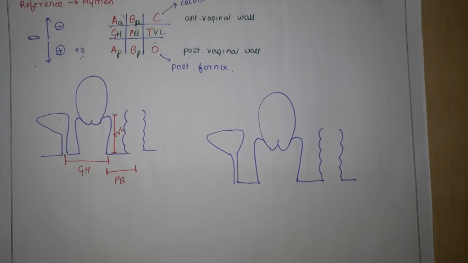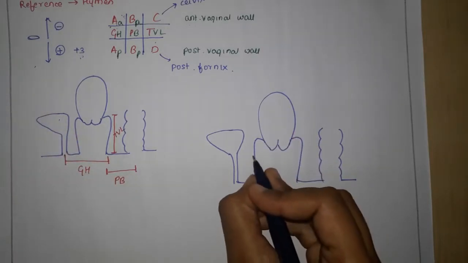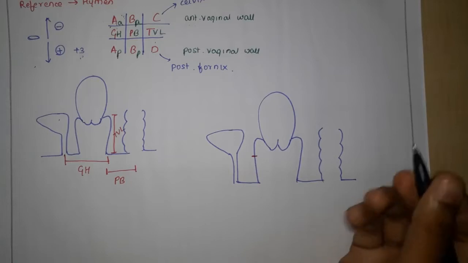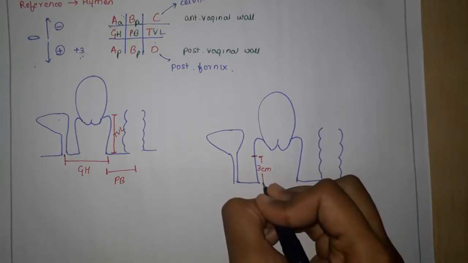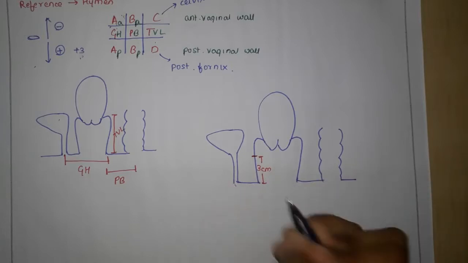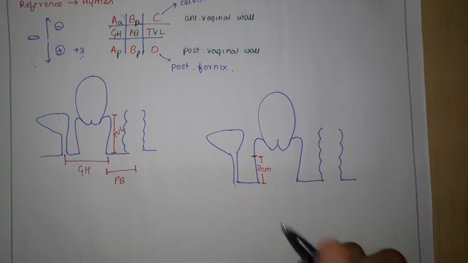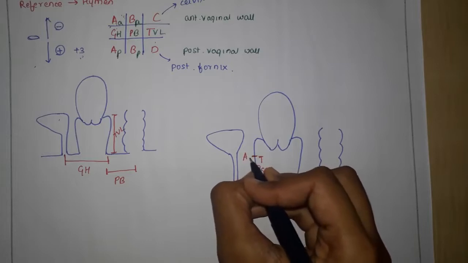You should know that the point A is a very fixed point. So it's a fixed point on the anterior vaginal wall, which is 3 centimeter proximal to the external urethral meatus. This is my point AA.